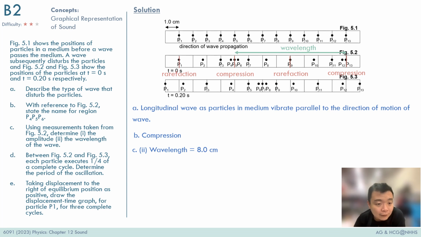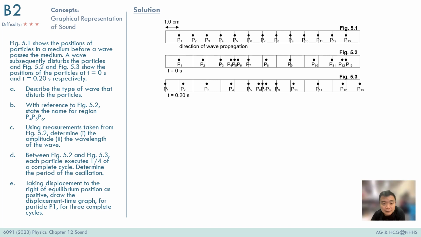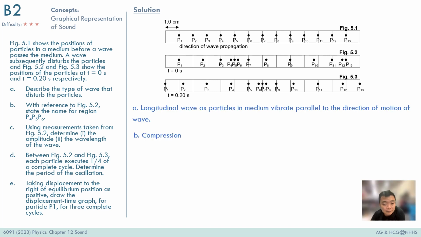Now, before part D, for C part 2, the amplitude. I've talked about this before also. Look at the rest position and look at how each of these particles has been displaced.